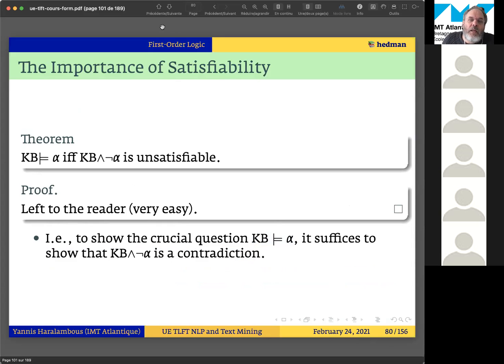So this theorem says that we have a consequence, any consequence, but also in our case, a consequence between a knowledge base and a formula, if and only if the conjunction between the knowledge base and the negation of our formula is unsatisfiable.